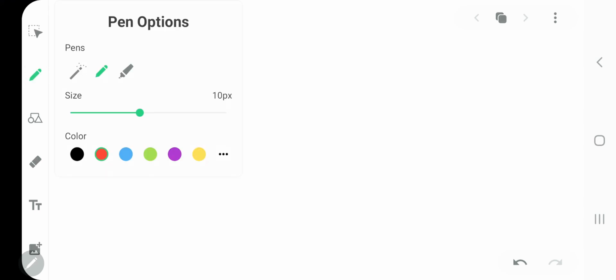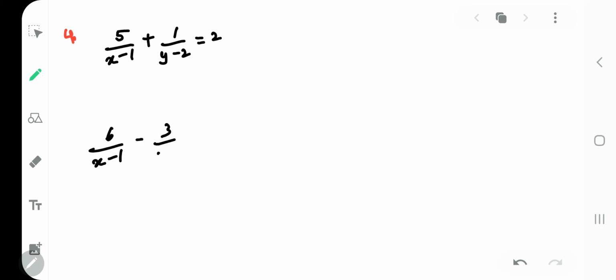Your next is problem number 4, which says we have 5 upon x minus 1 plus 1 upon y minus 2 is equal to 2. And your other equation is 6 upon x minus 1 minus 3 upon y minus 2 is equal to 1.